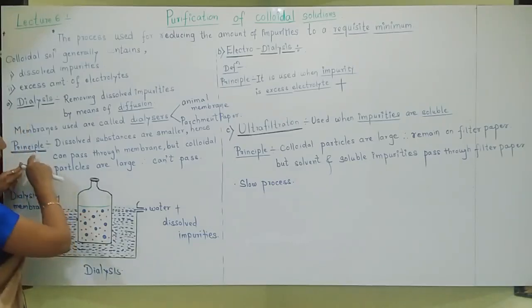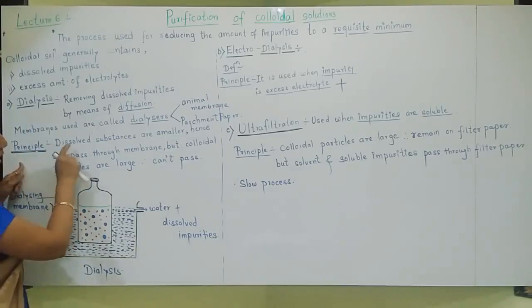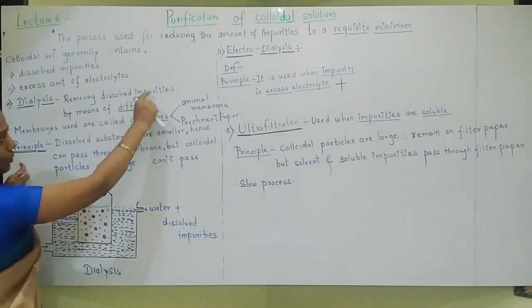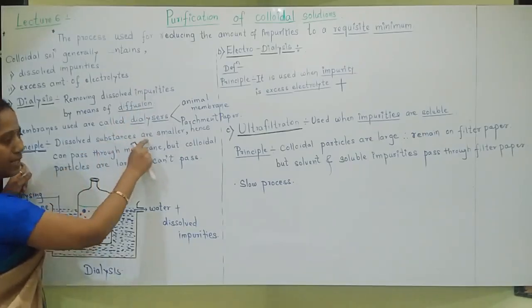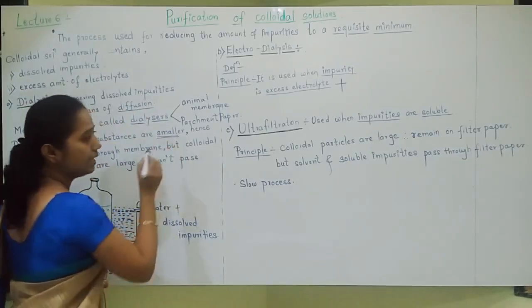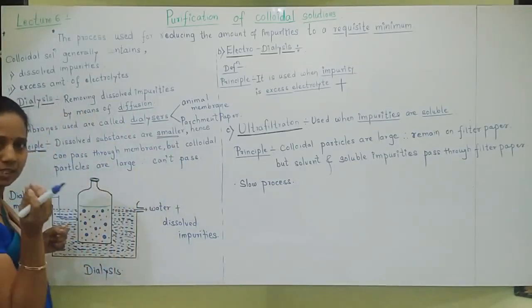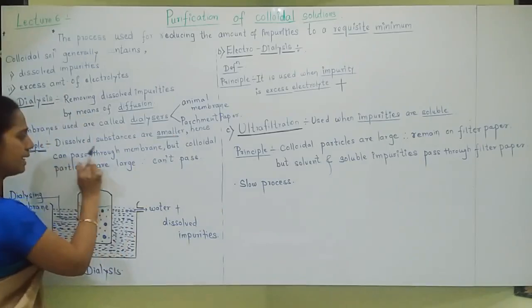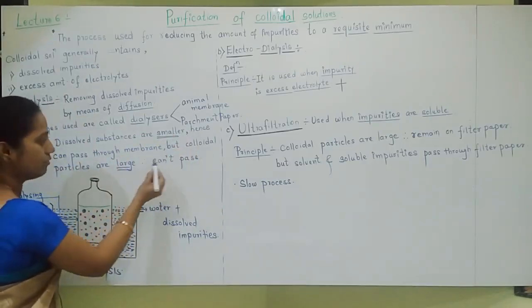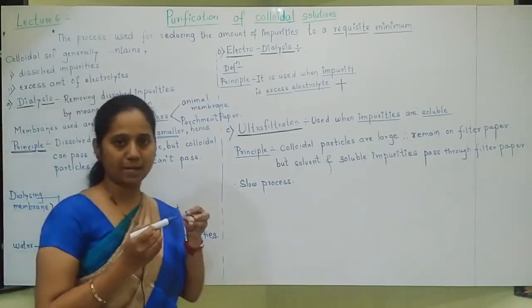See correctly how you should write the principle: dissolved substances or impurities are very small, hence they can pass through the membrane, but colloidal particles are large enough, and that's why they can't pass.